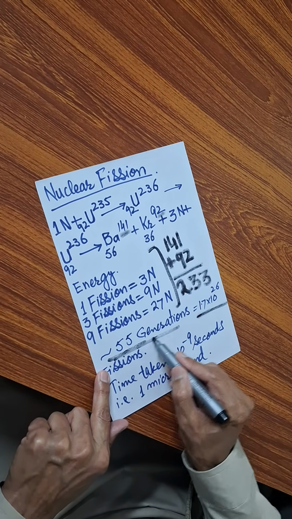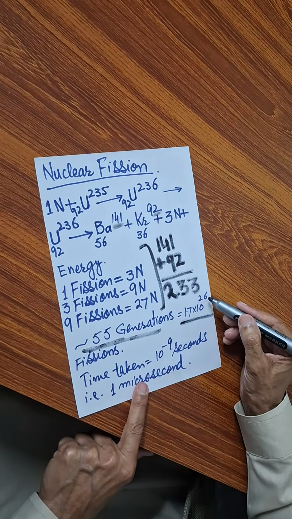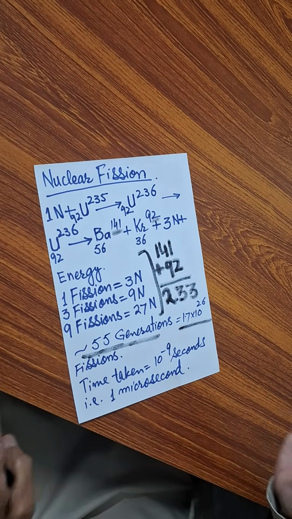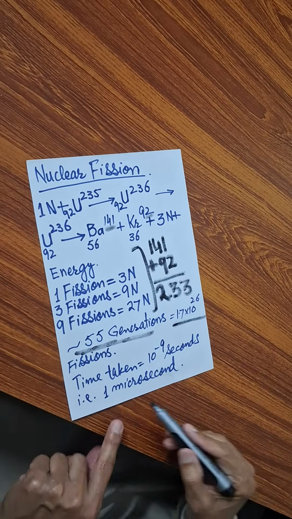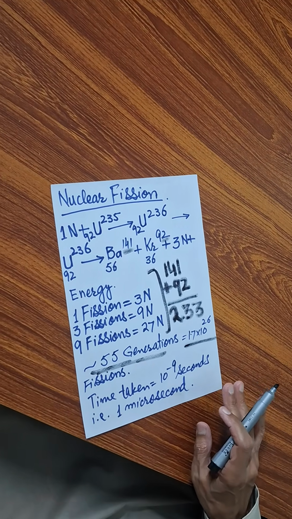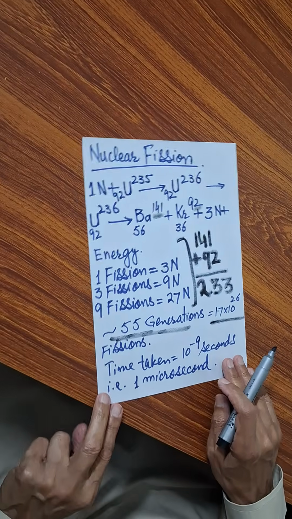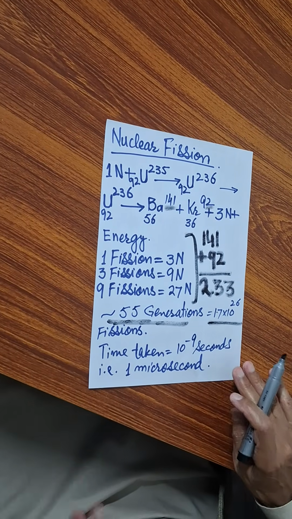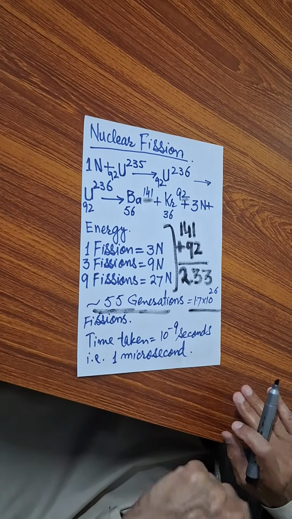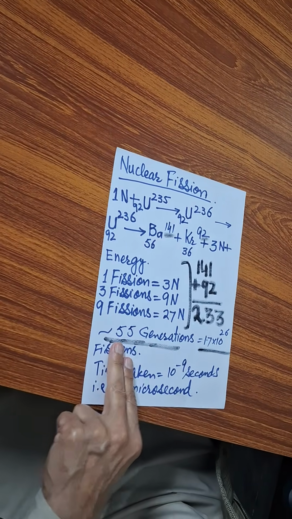In 55 generations, 10 raised to the power 26 atoms split apart. In how much time? In 1 microsecond. This was the first point which needed explanation. That's why I am making this very short video, which is related to my last video which I made yesterday.